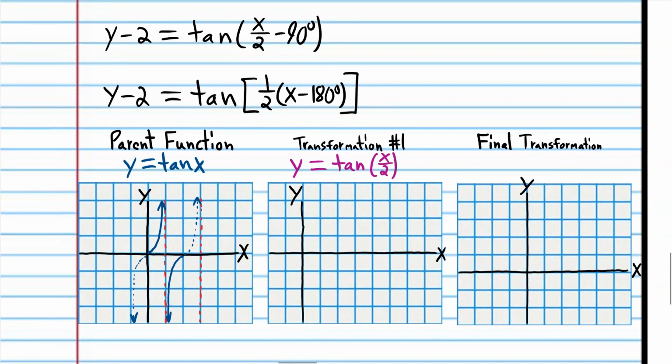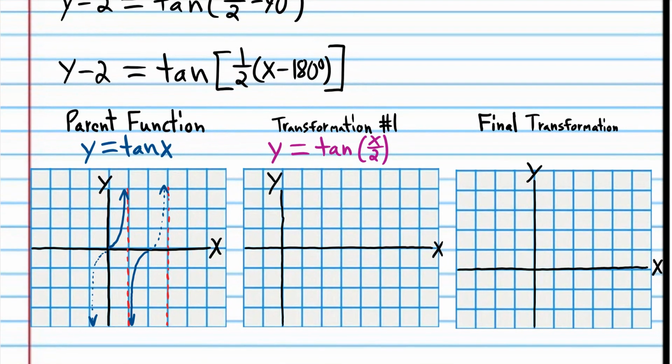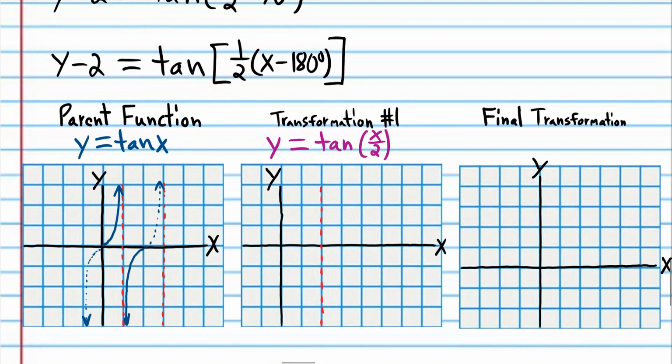Remember, 1/2 x is the same thing as x over 2. There's a lot of different ways you can write that. So when we divide x by 2, we multiply all the x values by 2. So this asymptote is at x equals 1, so it goes to x equals 2. Now there's no x values on the actual asymptote, but the asymptote still moves the same way the graph does.